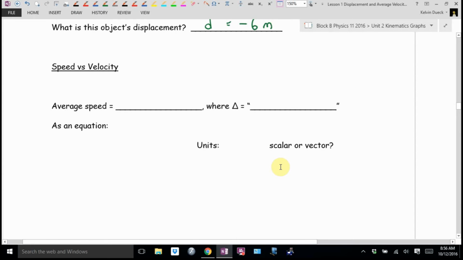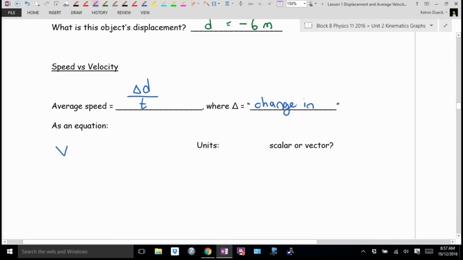Speed versus velocity. Average speed is the change in distance over time, where that delta means change in. As an actual equation, we would say this.